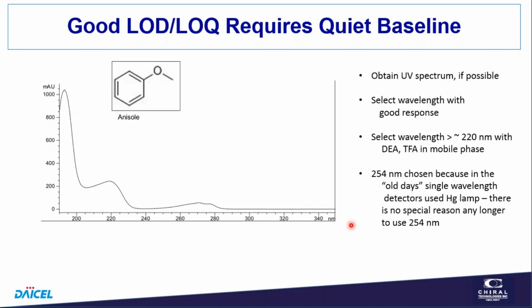And one of the things that we want to do, and this is an achiral compound, I just chose this spectrum because it has some things I want to point out, is to obtain the UV spectrum if possible. So you want to select a wavelength with good response.